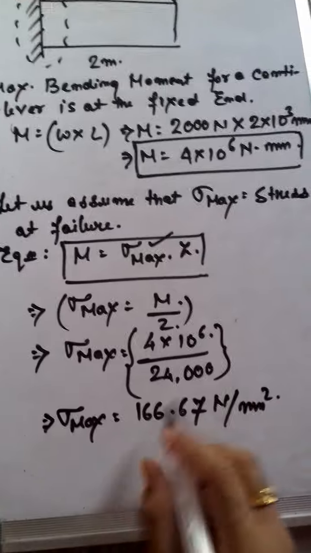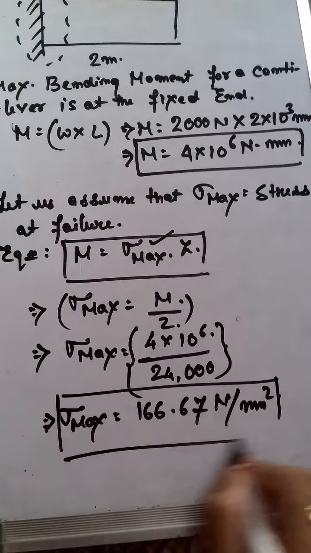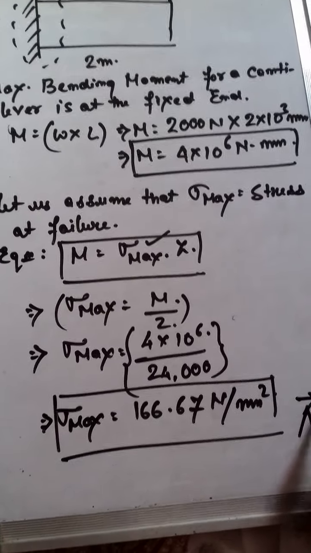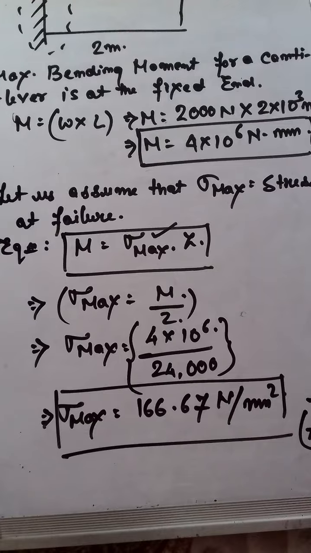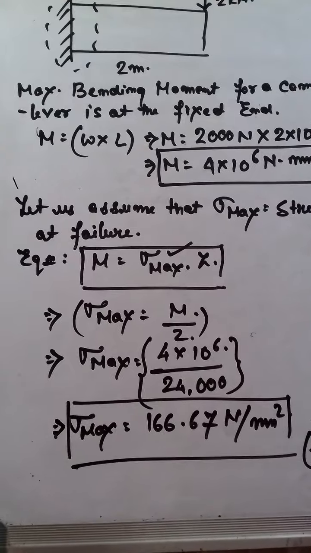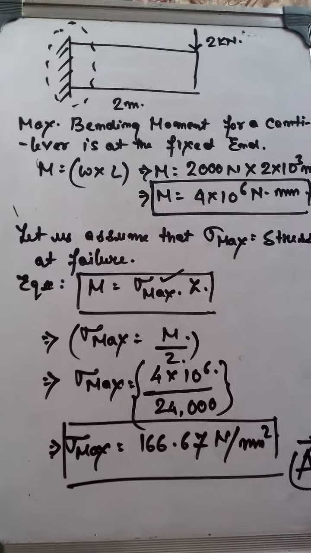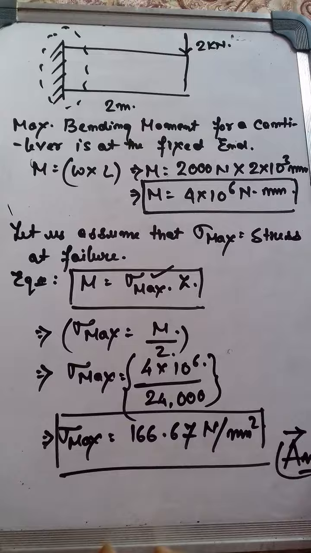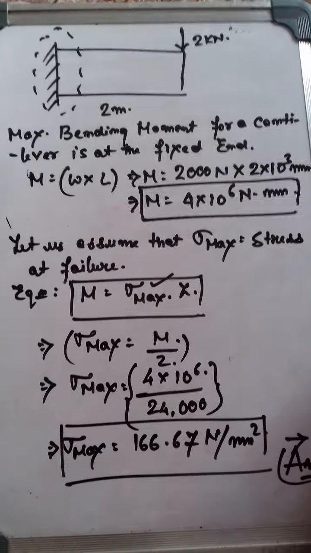So this is the unit for stress, Newton per mm square. This is your answer, that is the maximum stress. The maximum stress at failure will be equal to 166.67 Newton per mm square. So I hope this problem is clear. Okay, now let us go on to the next problem.